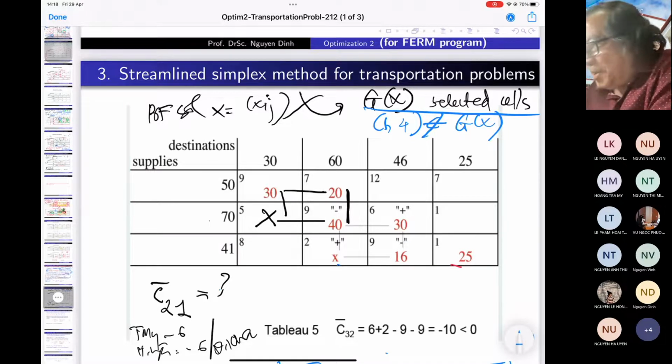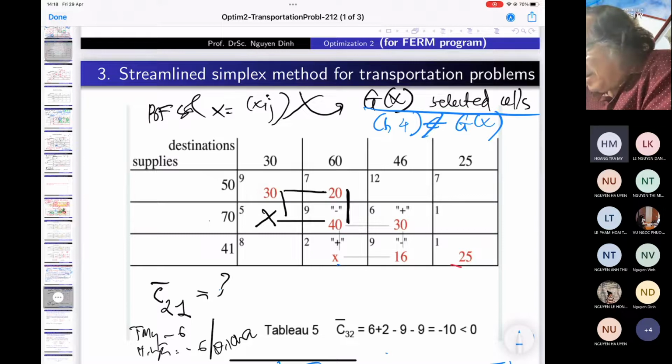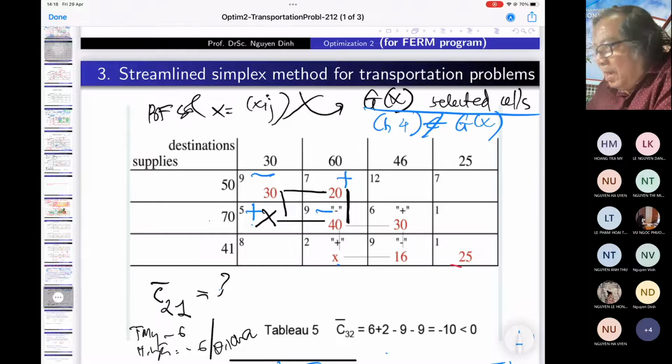Which cell is minus? The cells 1, 2 and 2, 1 are plus, and the other ones are minus.